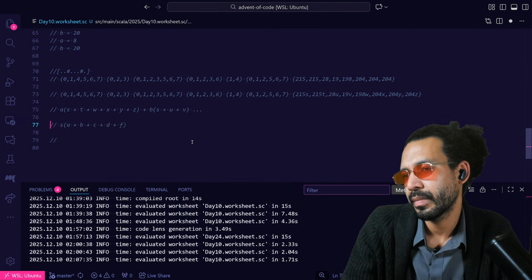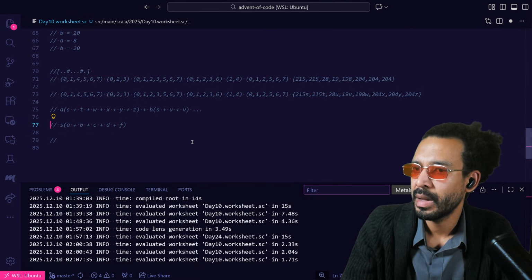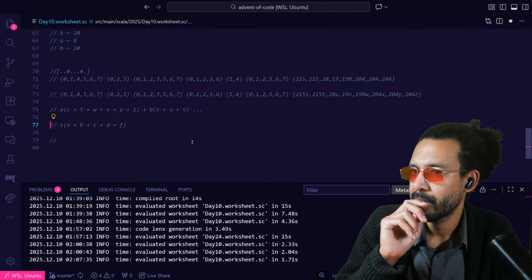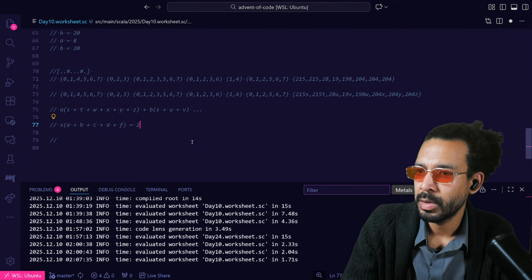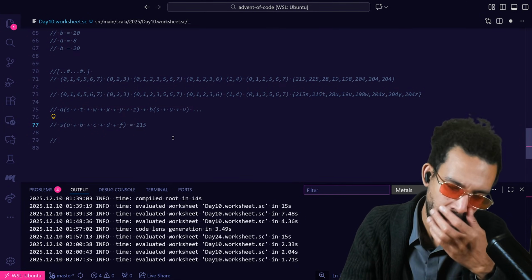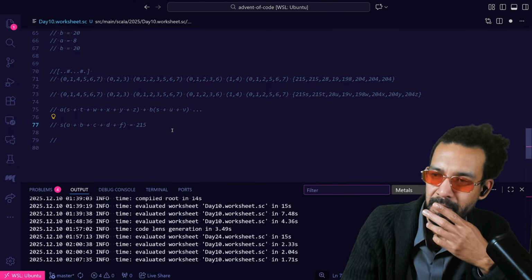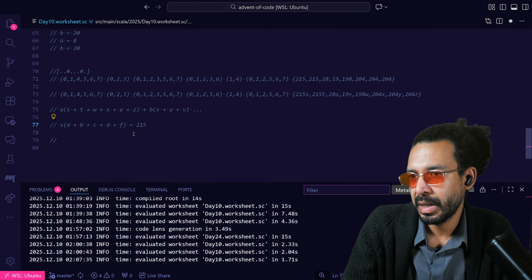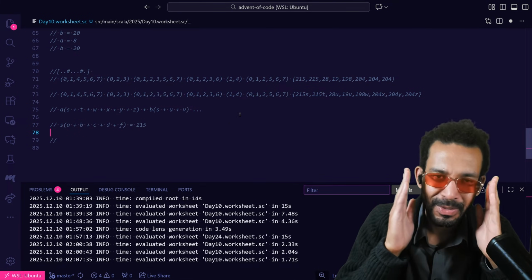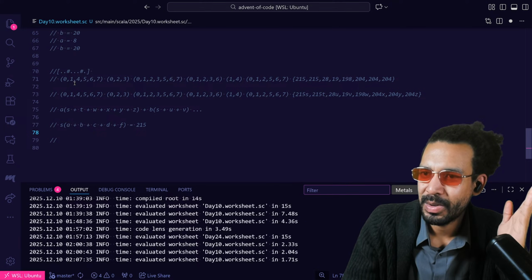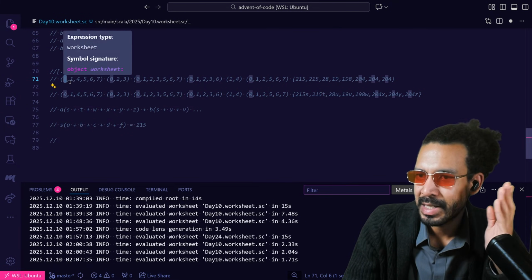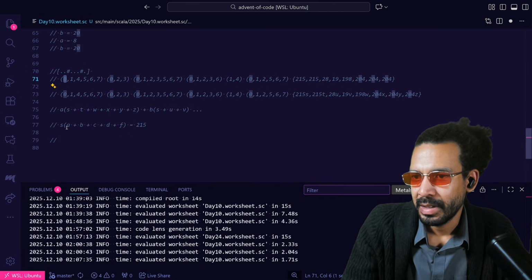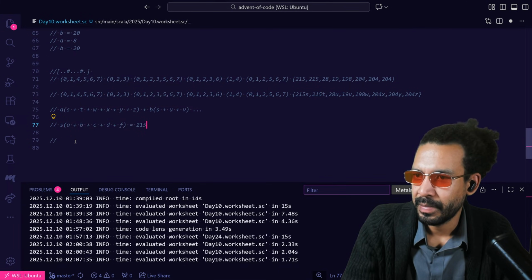Okay, equals 215. You know, we don't even need these S's in here. We basically just have the buttons. We're doing the wrong system of equations. We can just interpret this directly into something else. So A plus B plus C plus D plus F equals 215.